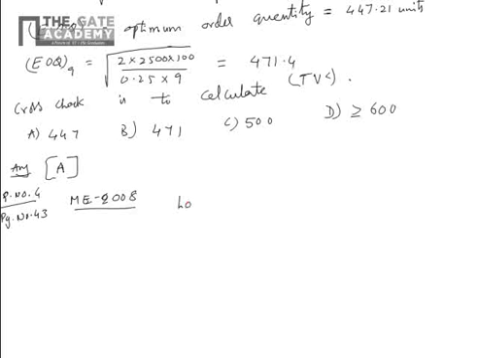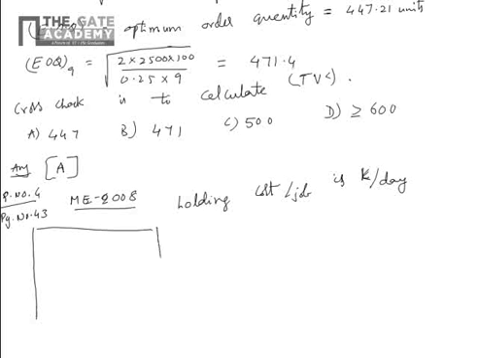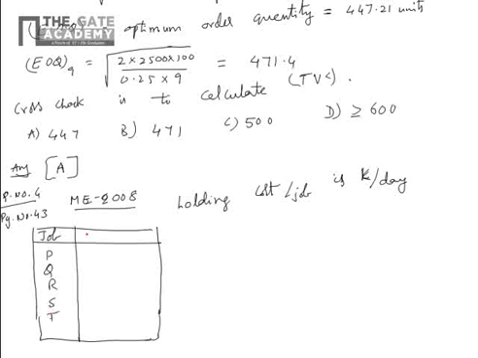So holding cost per job is K per day. So the table he has given us: jobs P, Q, R, S, T, and processing time.